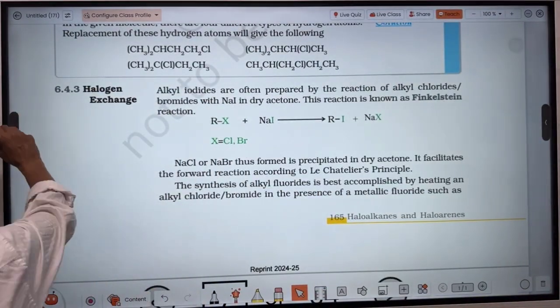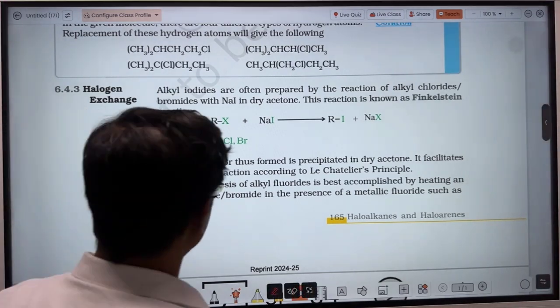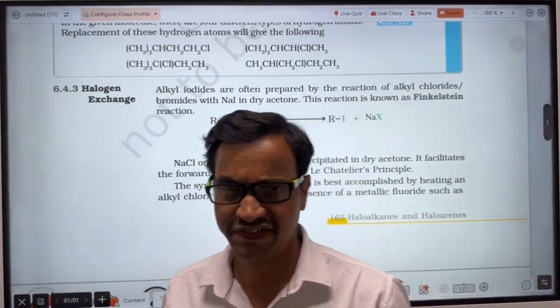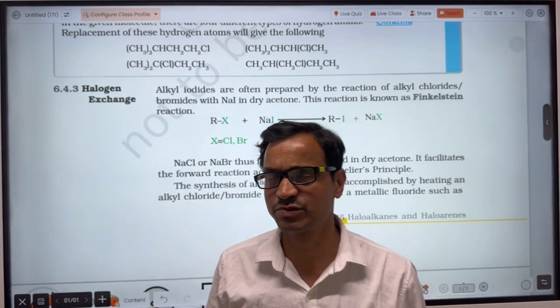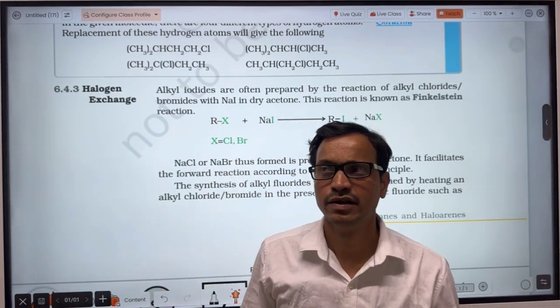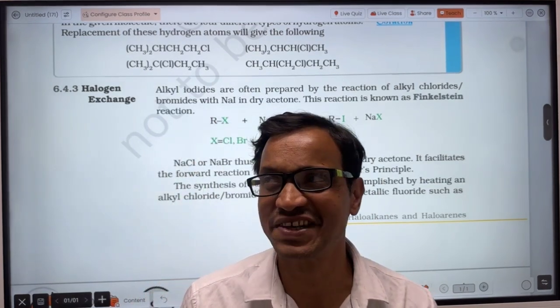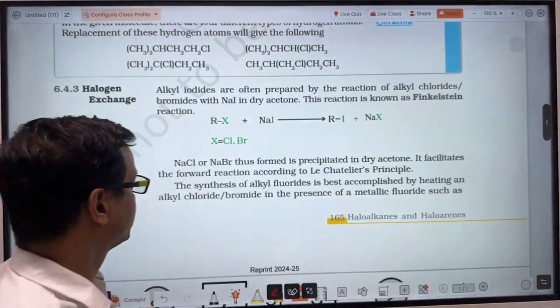Here, halogen exchange reaction. Direct fluorination is difficult because the reaction will be exothermic. In the same way, direct iodination will be difficult because the reaction will be reversible. So what happens here?